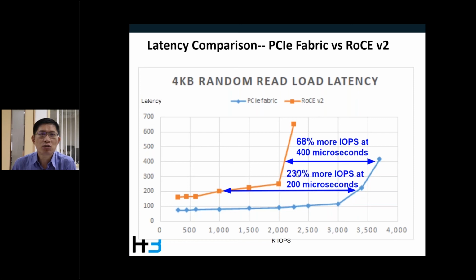So it's 230% more IOPS at 200 microseconds. And then again, at 400 microseconds, it has 68% more IOPS. So the PCIe fabric delivers much better IOPS and latencies compared to NVMe over Fabrics RoCE v2.